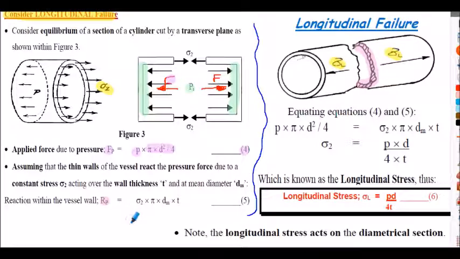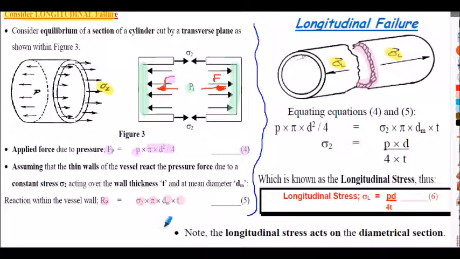It's opposing the F, because it will be the longitudinal stress multiplied by pi multiplied by the mean diameter multiplied by the thickness. If you've got a very, very thin wall, so that the t is very thin compared to diameter, you can work out the area of the circumference of the wall by simply multiplying pi by the mean diameter times the t.